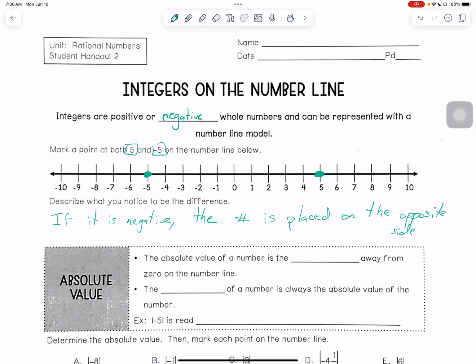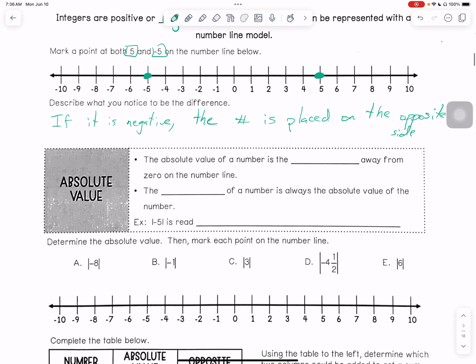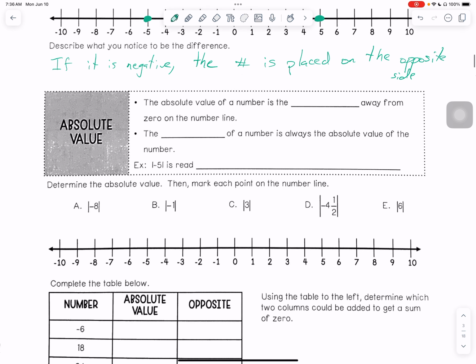Okay. So with that being said, let's talk about absolute value. The absolute value of a number is the distance that it is away from 0 on the number line.